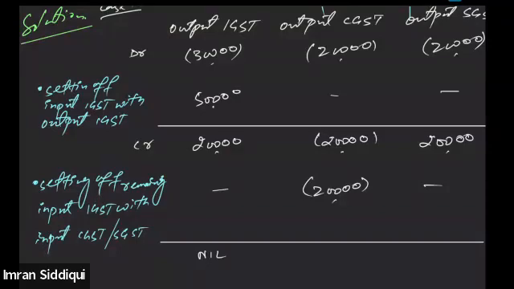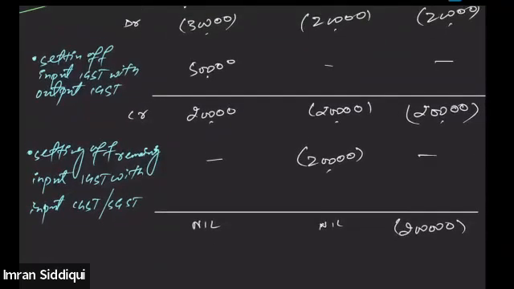And we will have a nil balance under the output CGST as well, but we will have a credit balance under the output SGST. Got it? Is that clear, everyone? This is how we will set off the IGST in the second case. Tell me if this is clear or not.